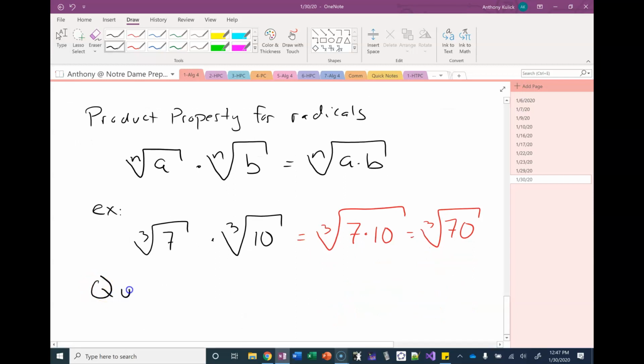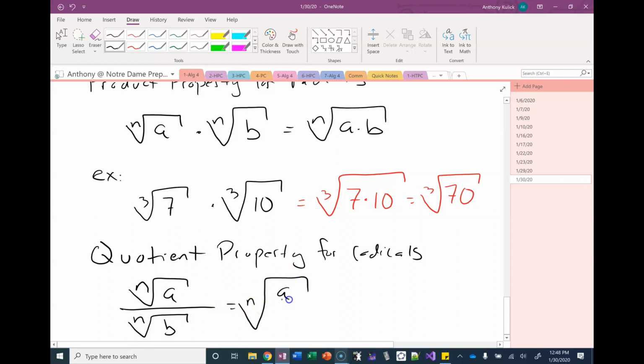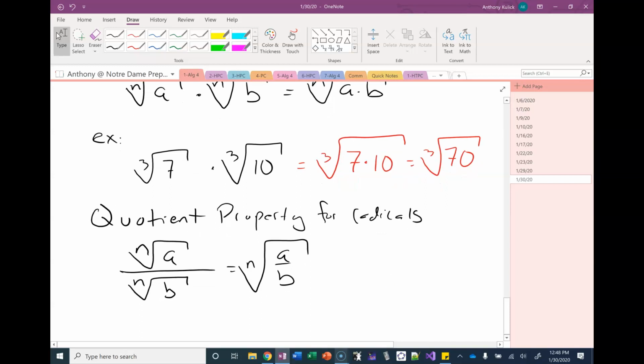The next property that we're going to talk about is called the quotient property. And what the quotient property is saying is if I have two radicals with the same index, if I divide them, that's the same as dividing the radicands.